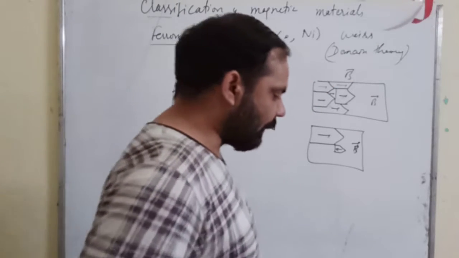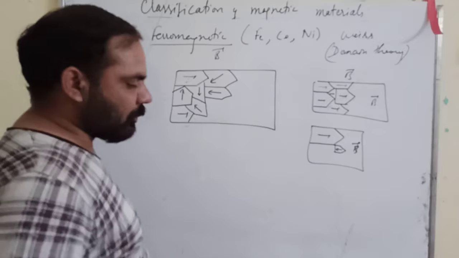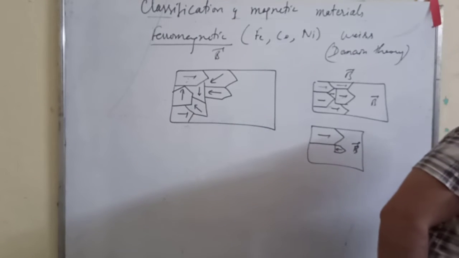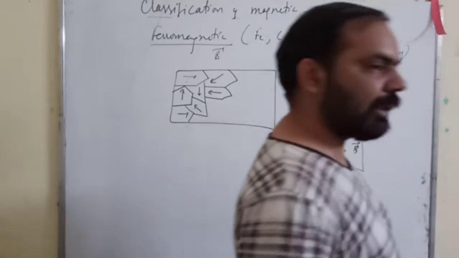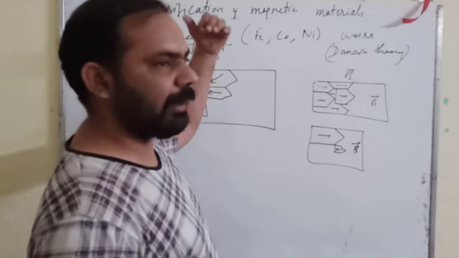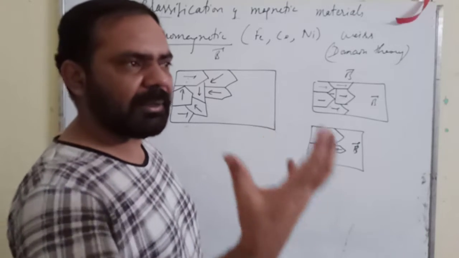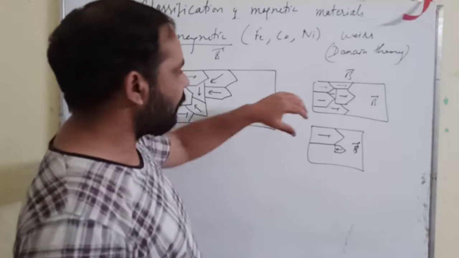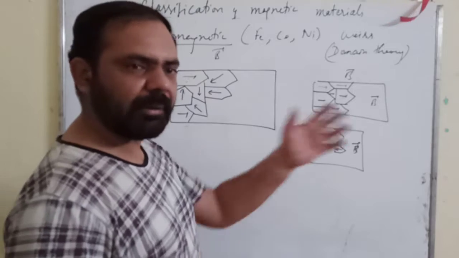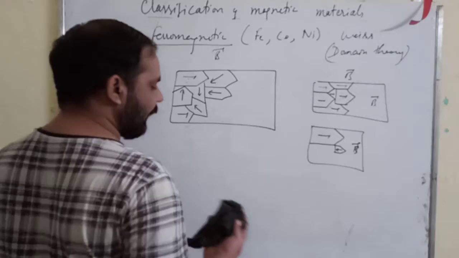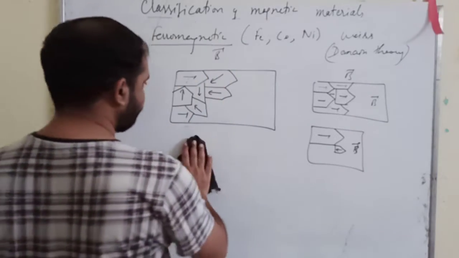Now, this also depends on the temperature, but unlike paramagnetic materials, there is a different, more complex kind of dependence of ferromagnetic behavior on the temperature of the material. For that we have the Curie-Weiss law.